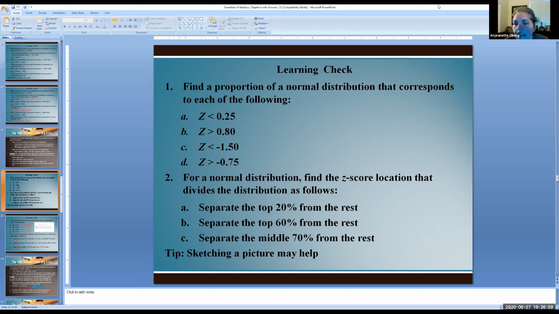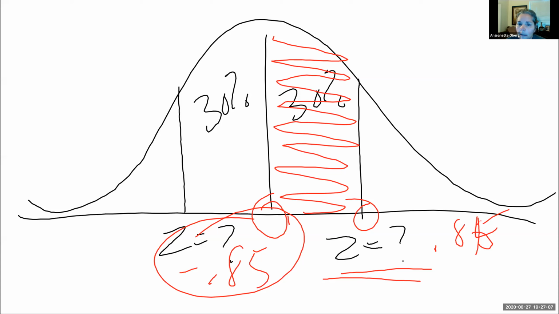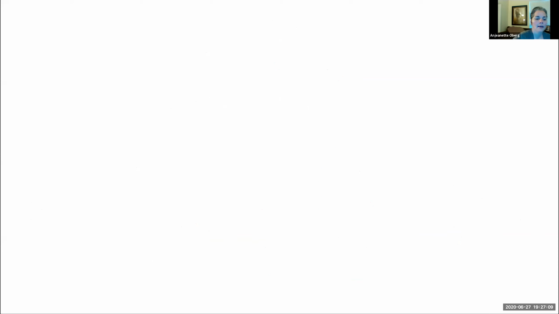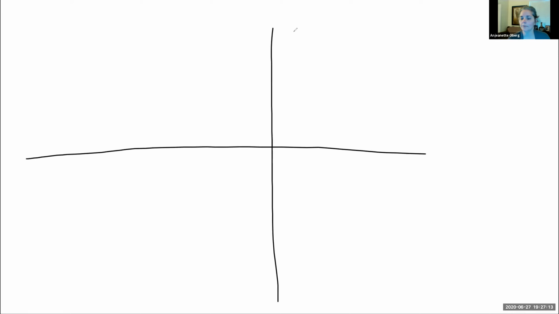So me personally, my first step is always to go to my drawings. So I'm going to clear my drawings, and I'm just going to go ahead and divide us into 4 so we can do them all at once.